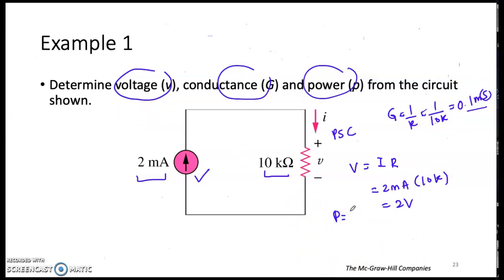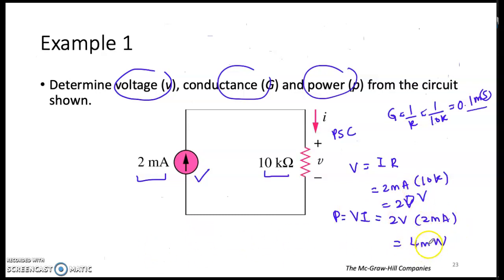Power is VI. The voltage across this 10K is 20 volt, and the current across the 10K is 2 milliampere. Sorry for that just now, so this one is 20 volt, right?